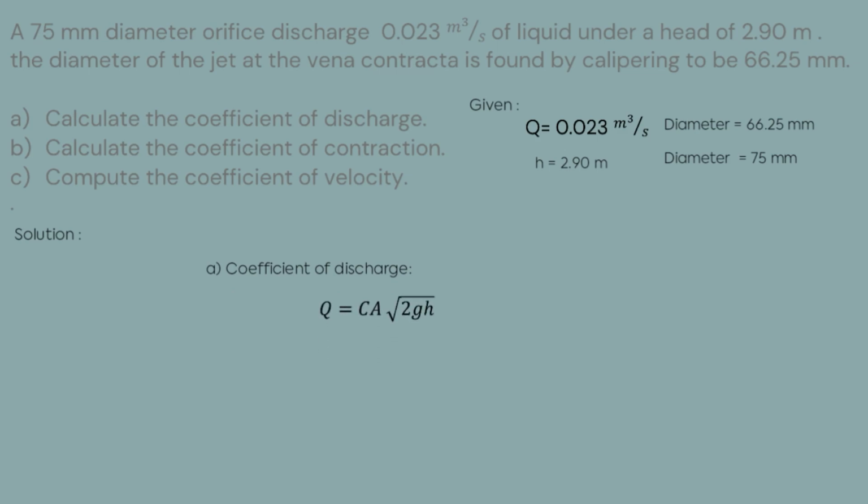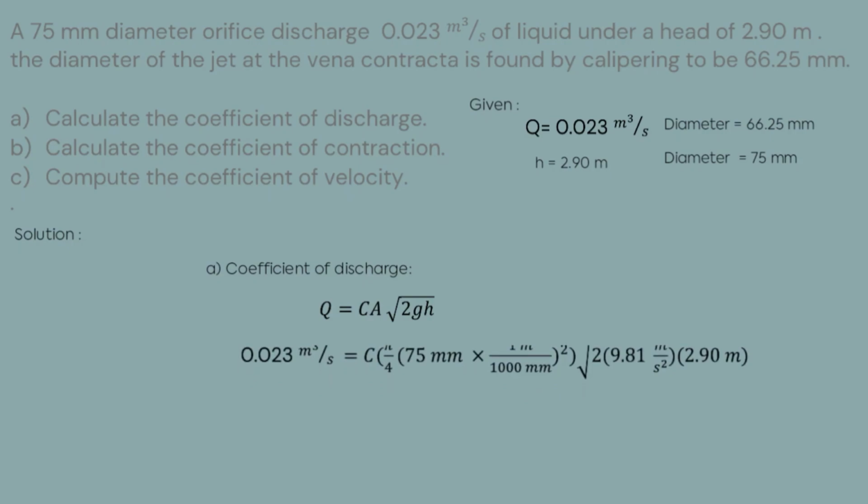First, we're going to calculate the coefficient of discharge using the equation where discharge equals the coefficient of discharge multiplied by the area times the square root of 2 multiplied by the acceleration due to gravity times the total head.